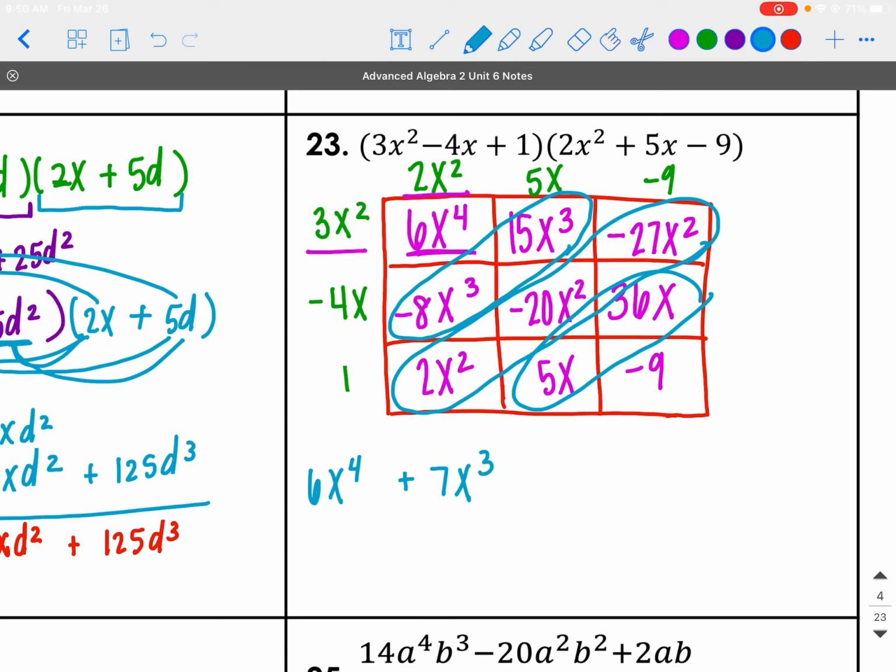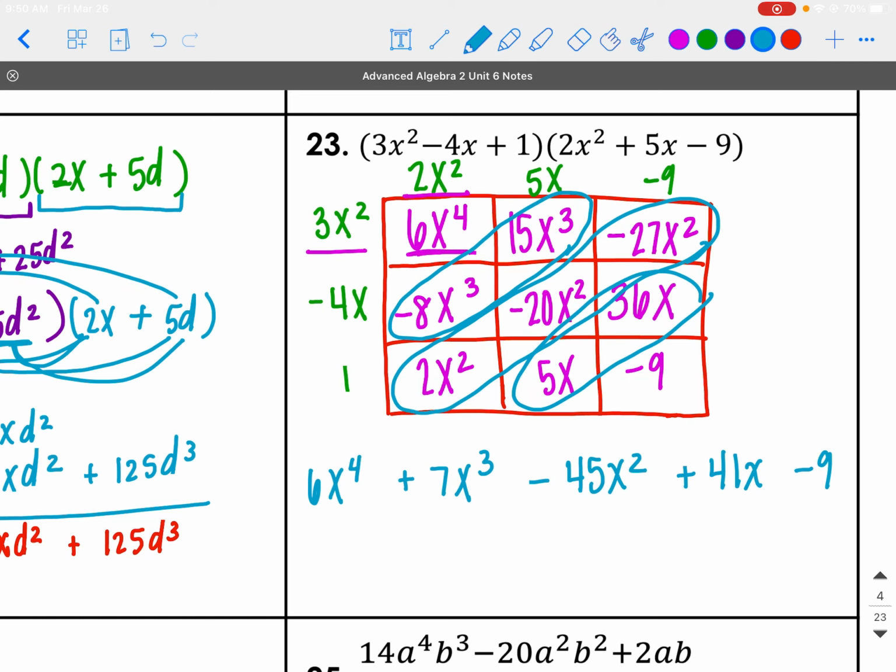And then all of my x squareds, negative 27, negative 20, and 2, that's negative 45x squared. And then my next one would be plus 41x. And then I just have the minus 9. And that's my final answer.